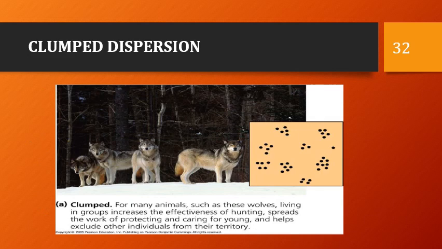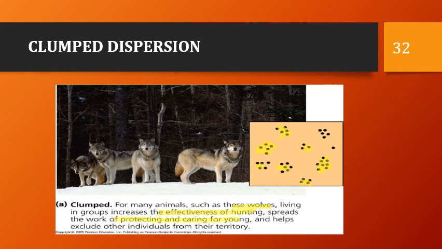Okay, next, like this. These are some of the patches we call, okay? These are the patches where the plants really grow, or where the organisms stay. For many animals such as wolves, living in groups increases the effectiveness of hunting and spreads the work of protecting and caring for young.